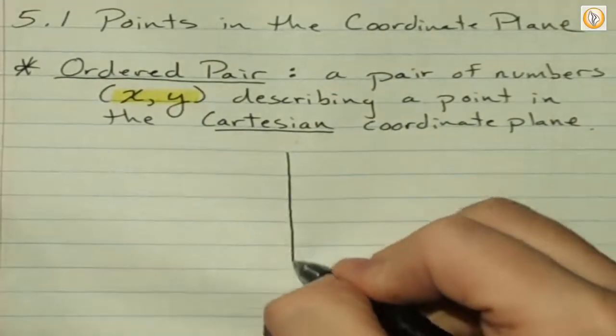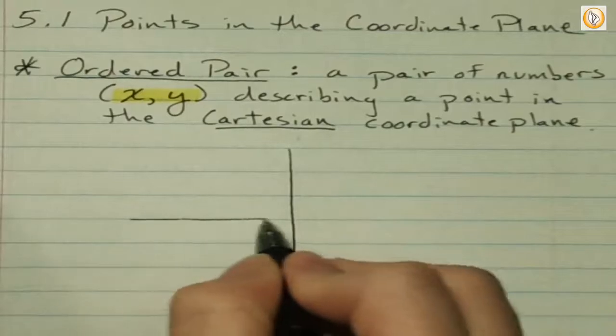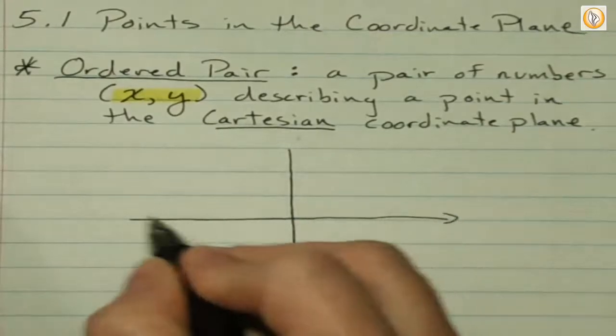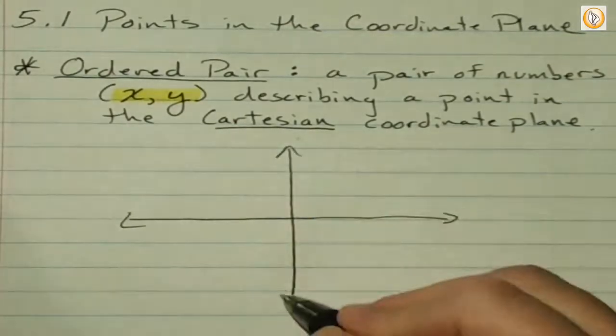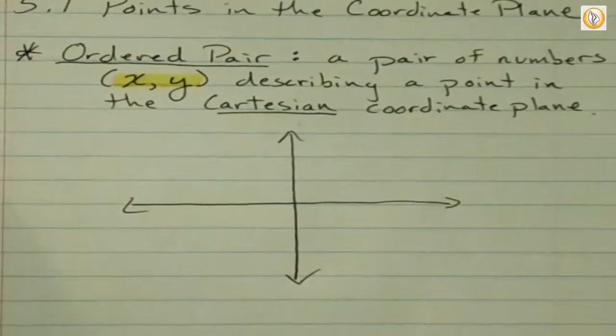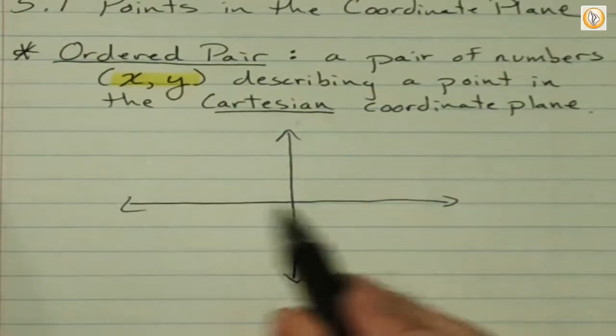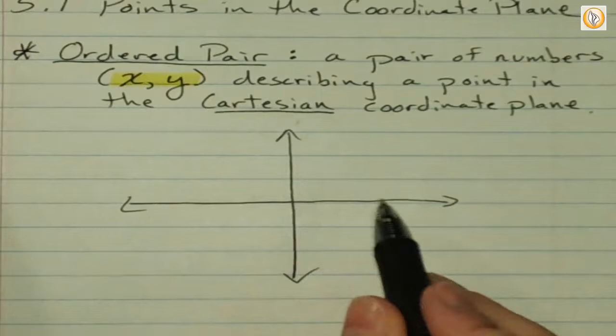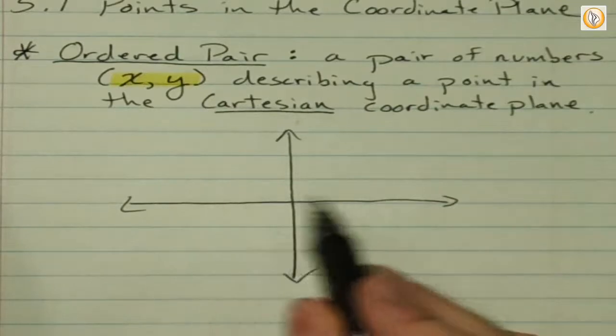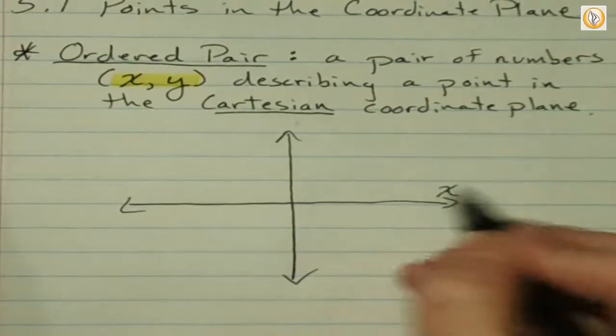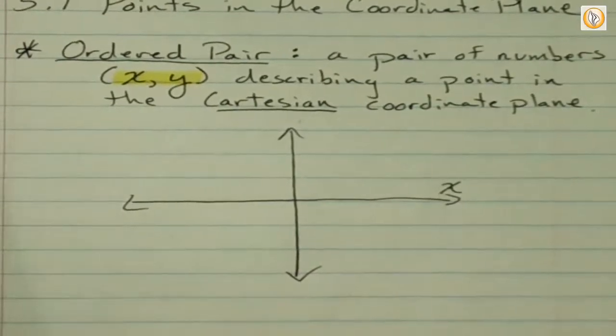Refresher course. Here is your Cartesian plane. It's two number lines put together. Raise your hand if you can tell me what axis this is. Gabby? X. That's your X axis.